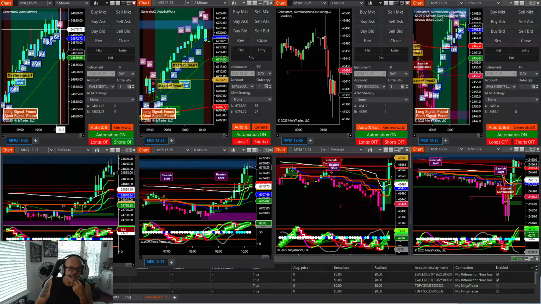We do have a little bit of a fair value gap that we've made here. We would have to get back through that one, which was the first fair value gap of the day. So it's possible we don't get through it if the market's going to continue up. But that should give us enough resistance for the 9 to drop on the 2 minute chart and get into an alignment for a short.